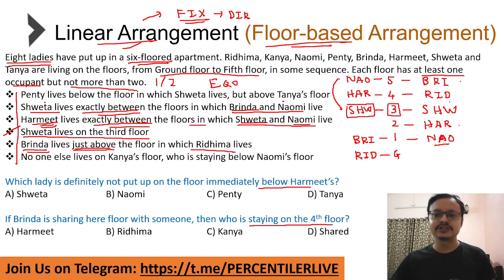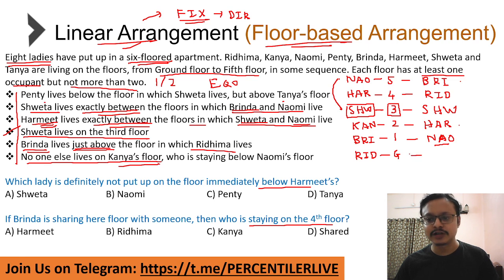So what we've done is we've arranged the 5 of them, that is Naomi, Harmeet, Shweta, Brinda and Riddhima. There's also a mention that no one else lives on Kanya's floor, which means the remaining floor must go to Kanya, because whatever's happening, Kanya is not sharing a floor with anybody.